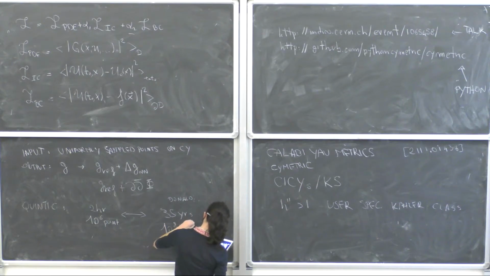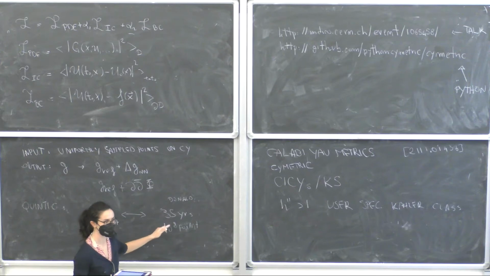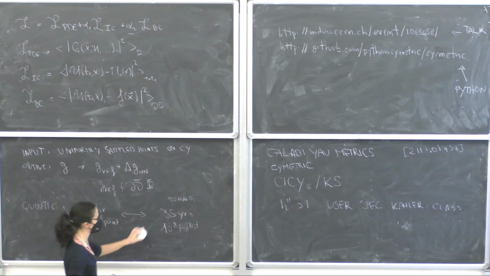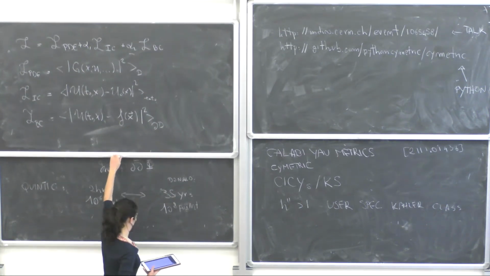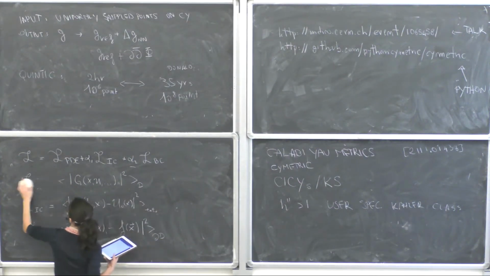I'm pretty sure this is just an estimate, but it should be the right estimate. So in principle, this thing can be really, really powerful. And now let's look at what they do.